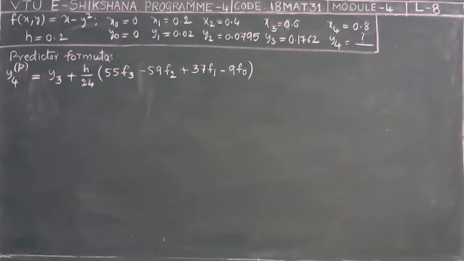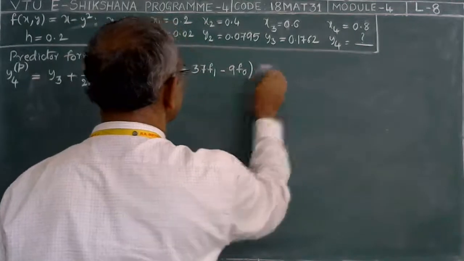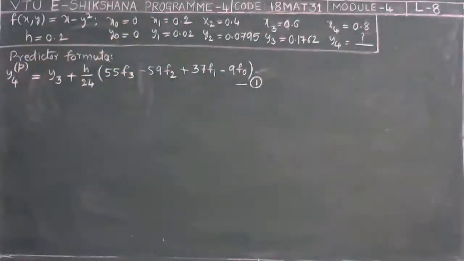Let us calculate f0, f1, f2, f3 and then substitute in equation 1. Let me call this equation number 1.